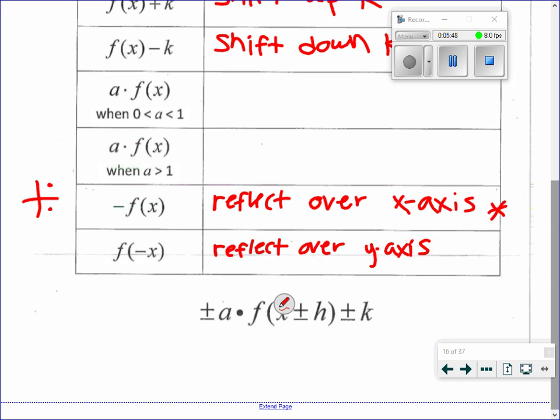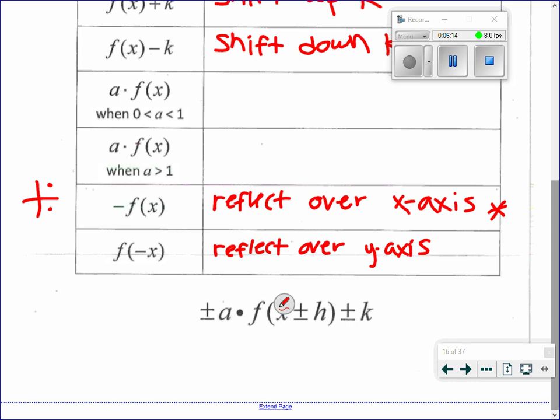Perfect. So it got narrow or like kind of flatter, right? So which one did it become more narrow, like skinnier? Like which of these? When it was bigger than 1 or between 0 and 1? Okay, good. So kind of know that that's when it became more narrow or like more skinny.